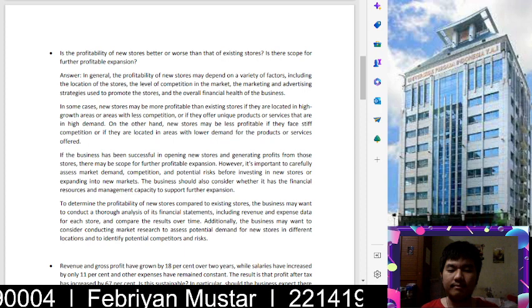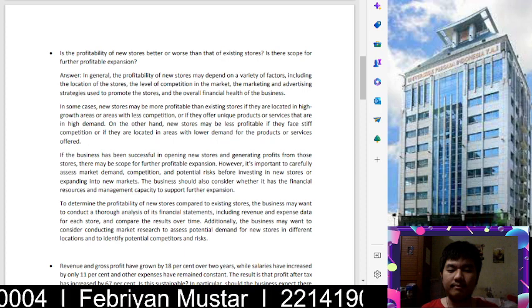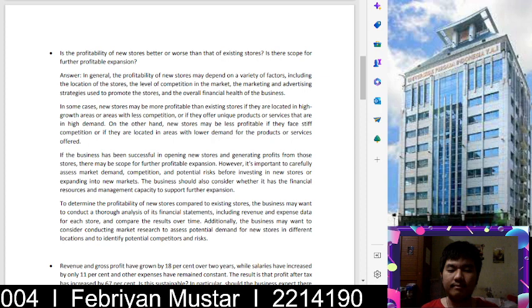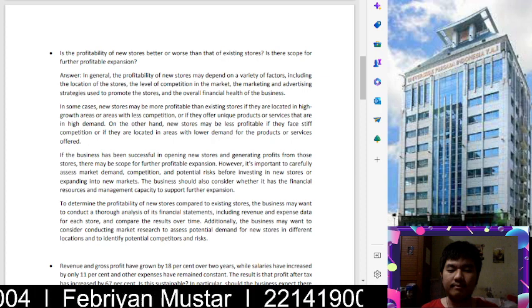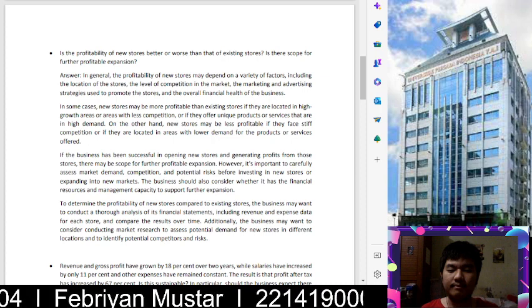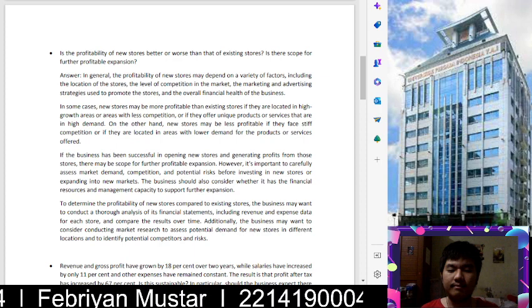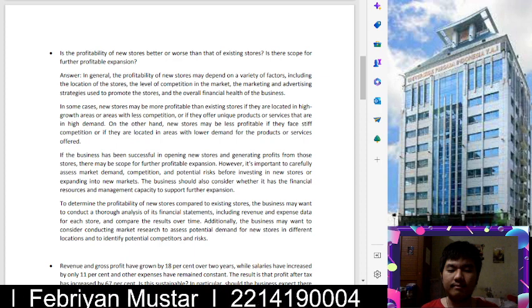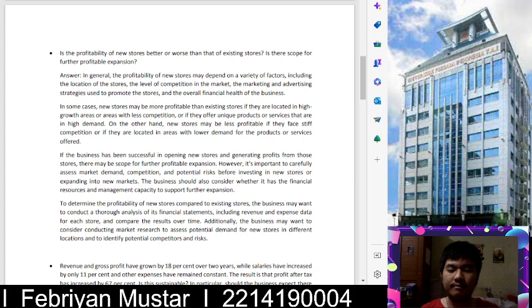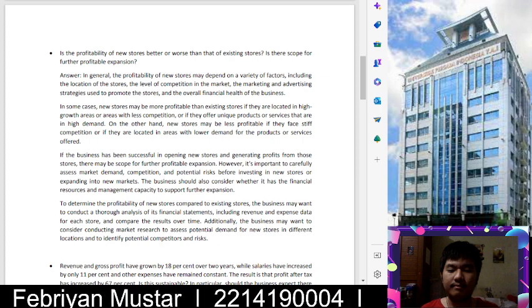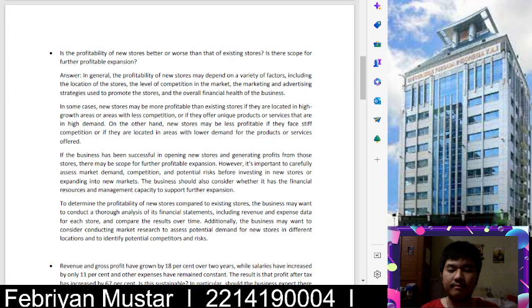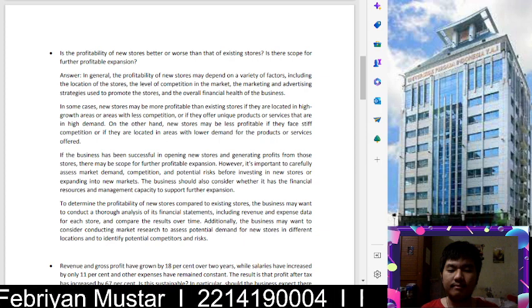To determine the profitability of the new stores compared to existing stores, the business may want to conduct a thorough analysis of its financial statements, including revenue and expenses data for each store, and compare the results over time.